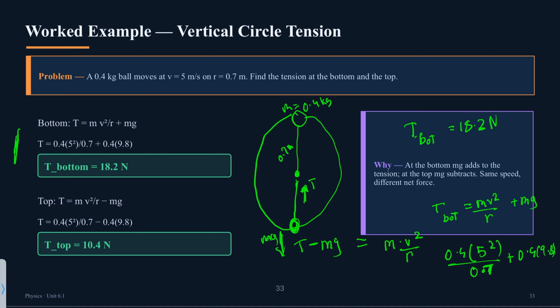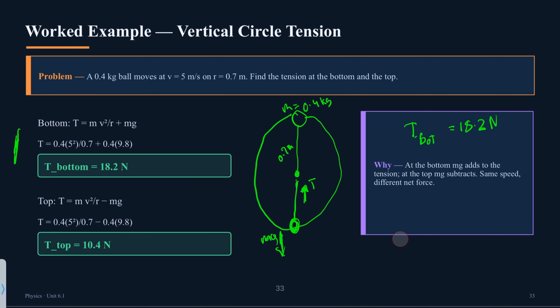And now, if you keep this in mind, we'll understand that the tension at the top has to be less. I'll show you exactly why. Tension at the bottom has to compensate for the force of gravity pulling it downward. It has to add extra force to keep it in orbit. But the tension at the top is assisted, because tension at the top is going downward, pulling towards the center, and mg is also pulling downward. So tension at the top plus mg, because they're both assisting each other, is the centripetal force, mv squared over r.